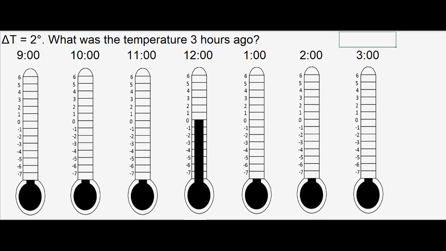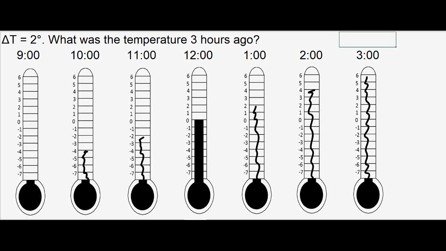Now I have another situation. I've got a temperature change of 2 degrees. The temperature is going up 2 degrees every hour. But now I'm being asked the question, what was the temperature 3 hours ago? Well, if it came up, it had to be lower.